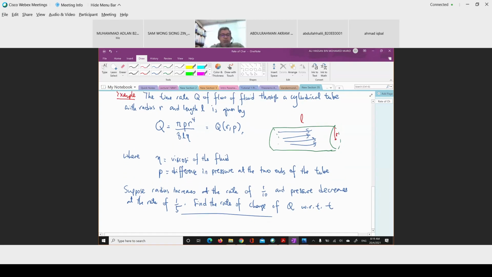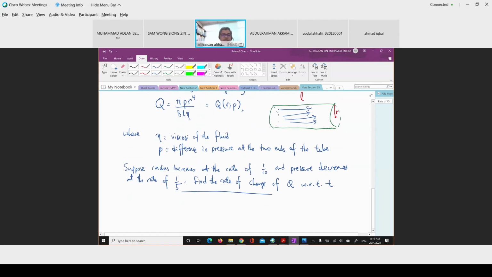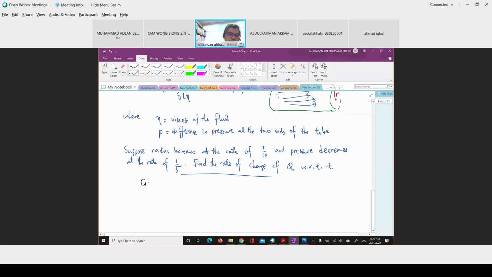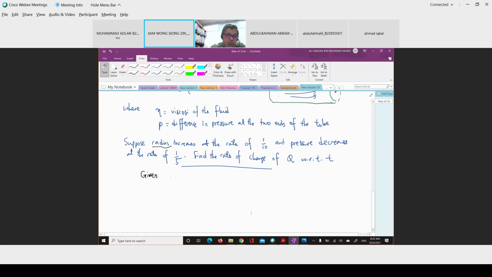So we are given what? According to this question, 1/10 refers to 0.1. How to write it in terms of a symbol? It's the radius, so dR/dt equal to 1/10.